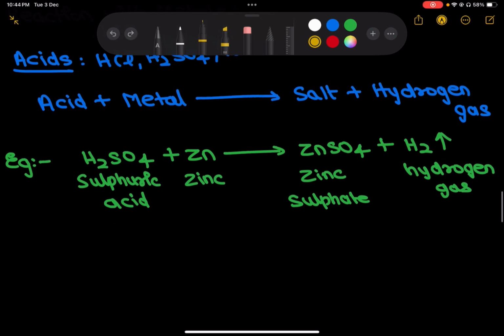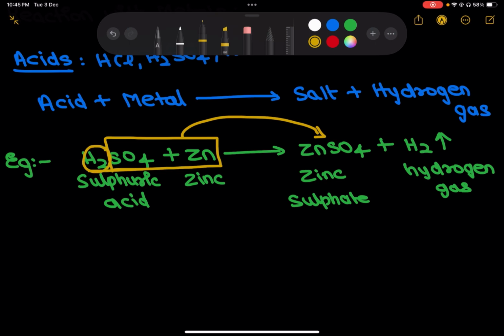See what happens. From H2SO4, you can see this is H2SO4, right? This part gets removed, and it forms ZnSO4. So excluding H2, the rest of the part is removed. It is called an ion, right? Okay. So a negative ion is an anion and a positive ion is a cation, right?